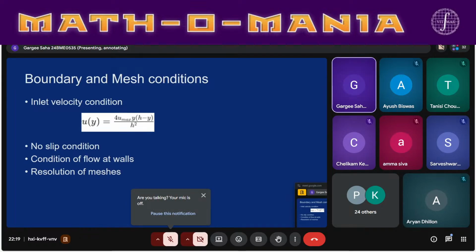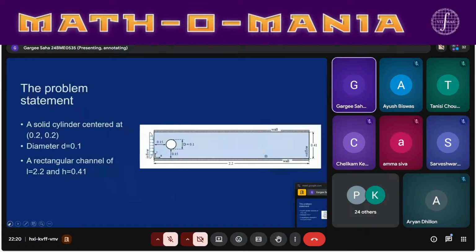And this equation will also give us a parabola at the entrance of the rectangular chamber. You can see it in the first diagram that the inflow is in a parabolic shape due to this factor.